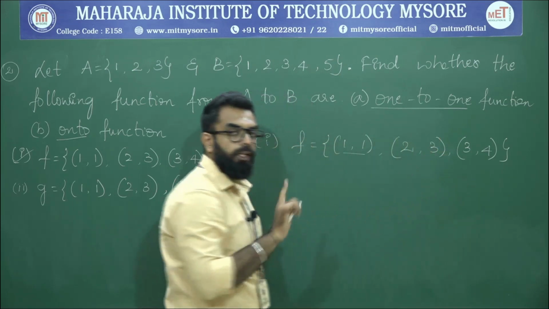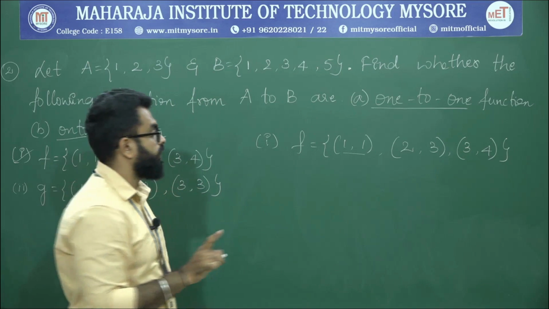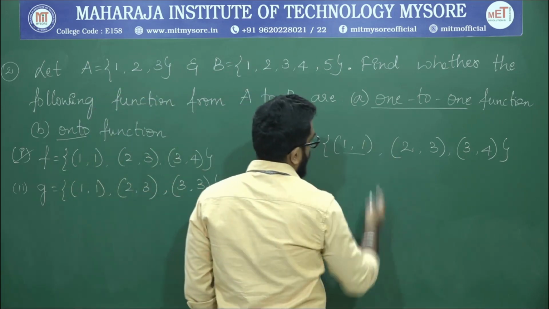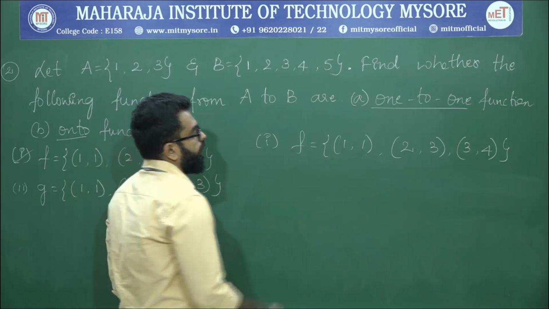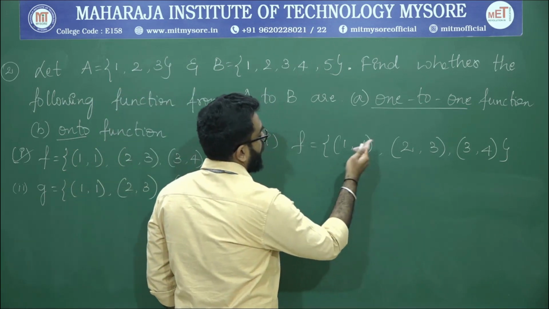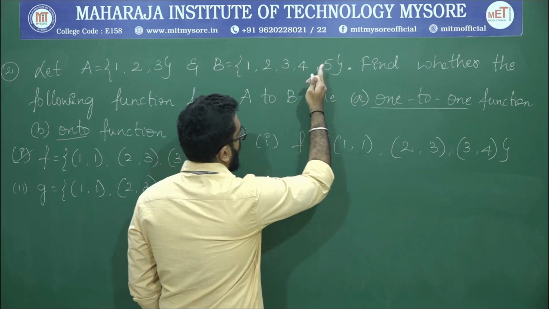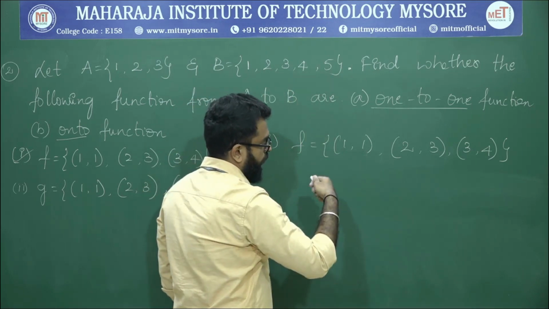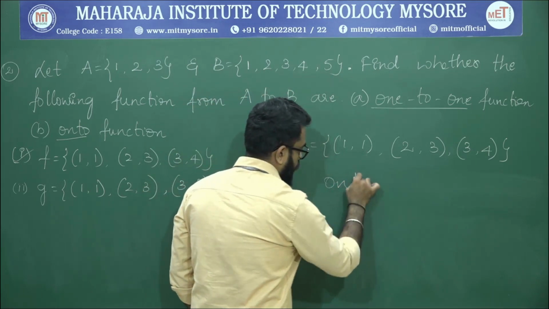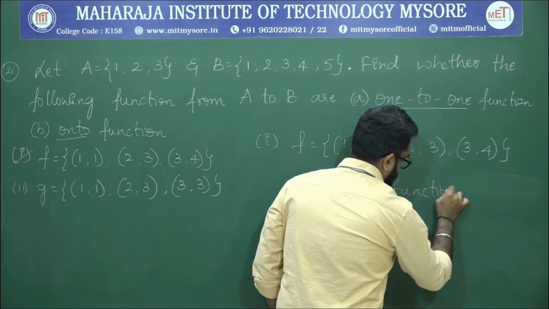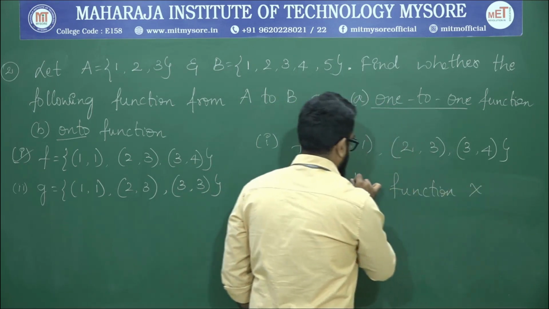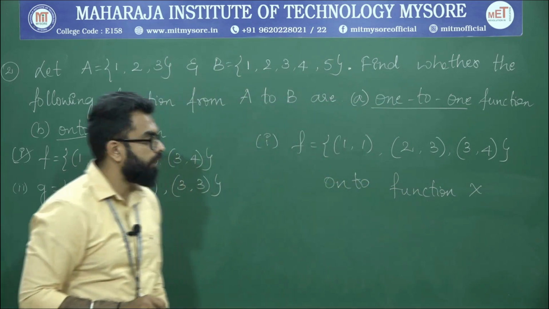We will not worry about the identity function or the constant function, we will directly go to onto and one-to-one function. By the definition of onto, it cannot be an onto function because the elements 2 and 5 of the set B do not have pre-images. So onto function is ruled out.